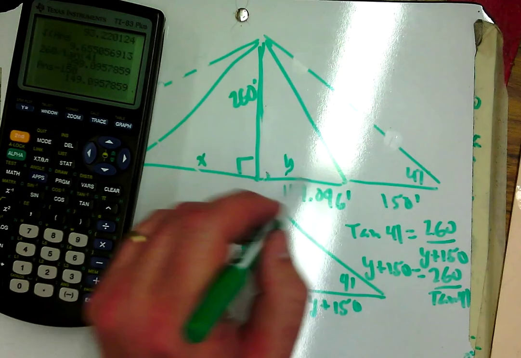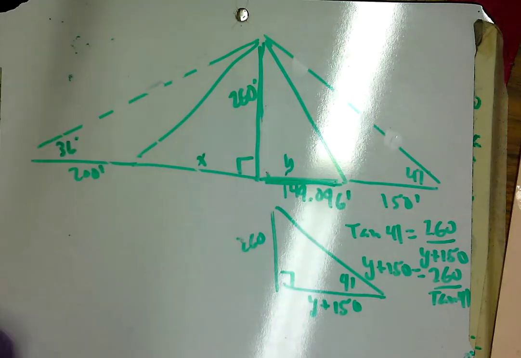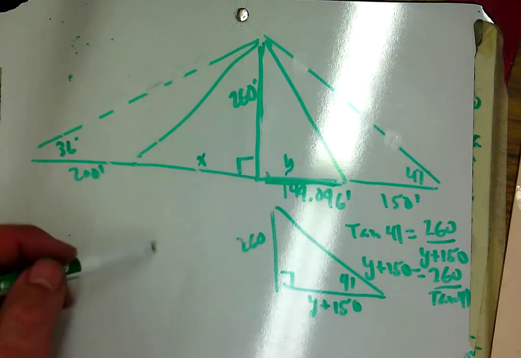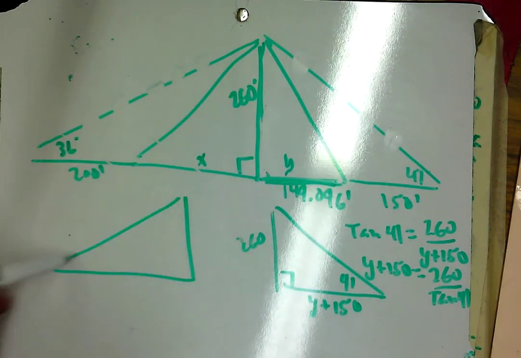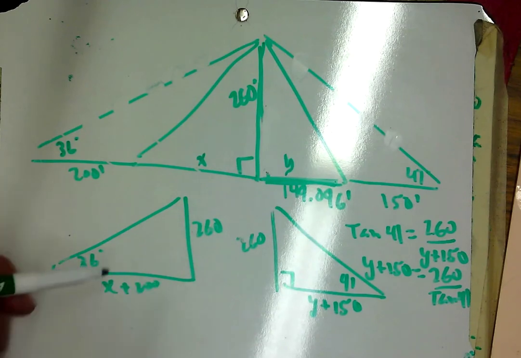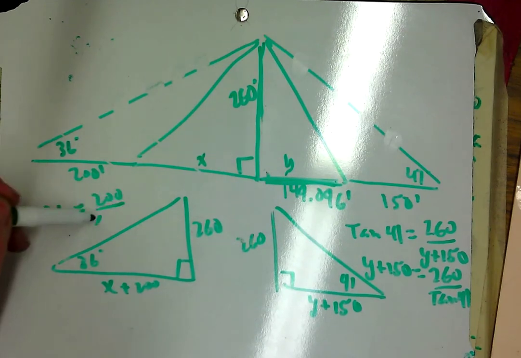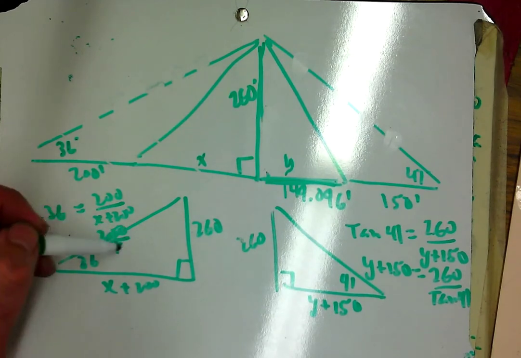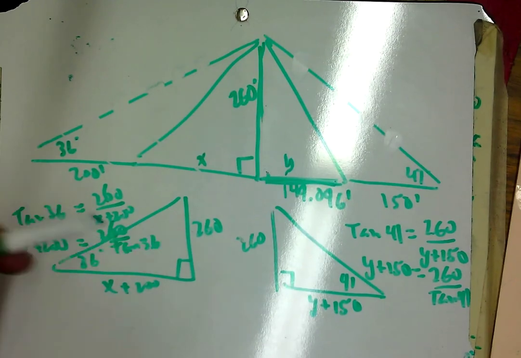149.096 feet. That's this part. And I can repeat the process over here. I can say, okay, 260, 36 degrees, and x plus 200. Tangent 36 is 260 over x plus 200. x plus 200 is 260 over tan 36.